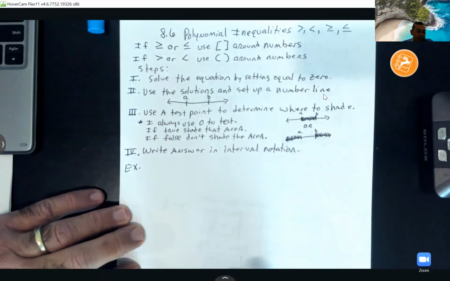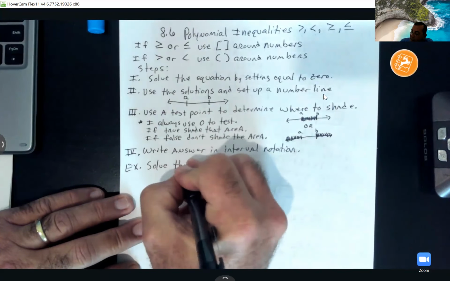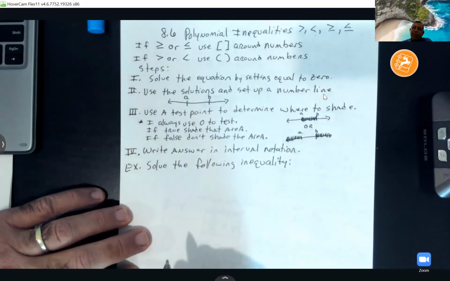The first one, we're going to solve the following inequality. Oh, and I forgot to tell you, there is one case, and you'll see it when I do my last problem.